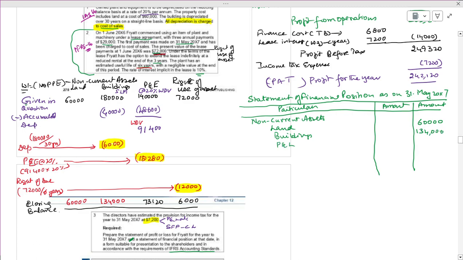Plant and equipment 73,120. Right of use 60,000. If you show them separately, it will be easy for us. How much is the total? 327,120.